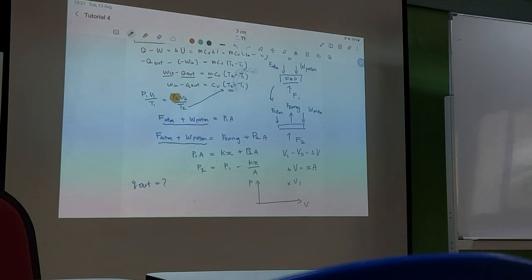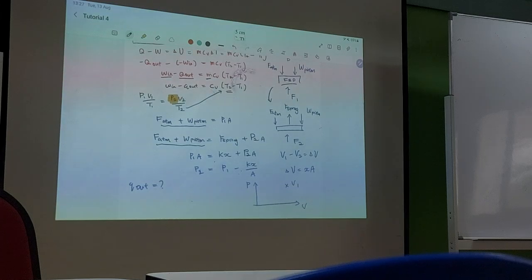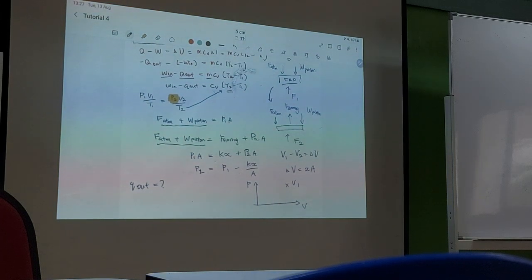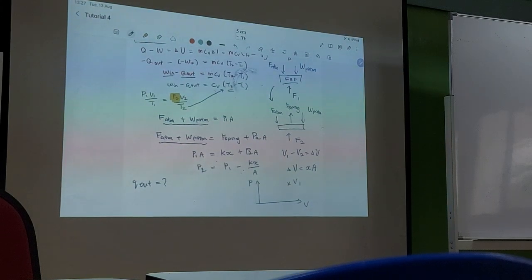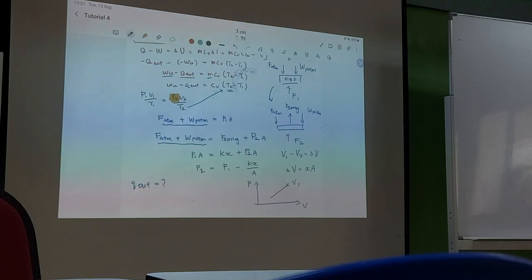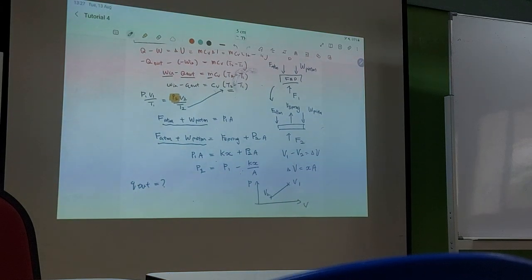Then you should find that P2 is smaller than P1 as well, which is very obvious because you can see that P2 is definitely a smaller value based on this equation here. So it is just a straight line to V2.